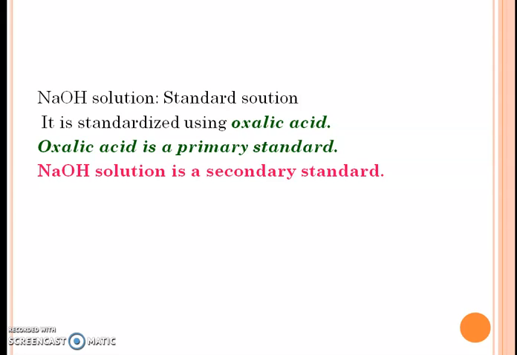So in the calculation, if we use the concentration of NaOH as 0.1 normal, then it may give a false result for sulfuric acid because the concentration of NaOH has deviated from 0.1 normal. So we need to standardize NaOH just before the titration, and this can be done with the help of primary standard. So we will see one by one what exactly a primary standard is and what secondary standards are.